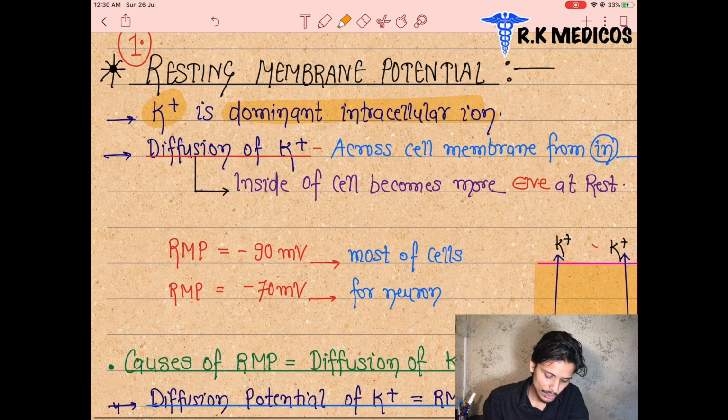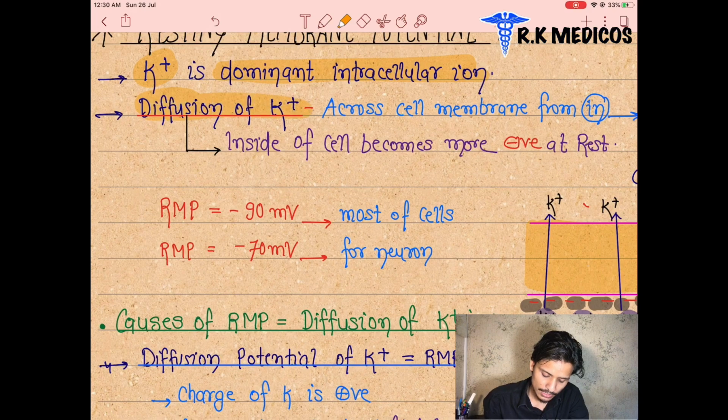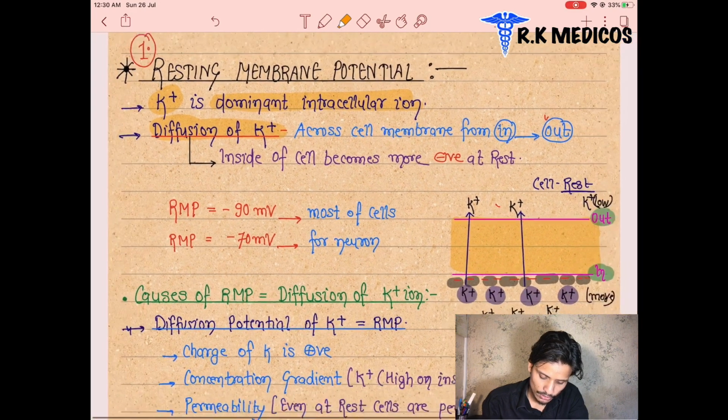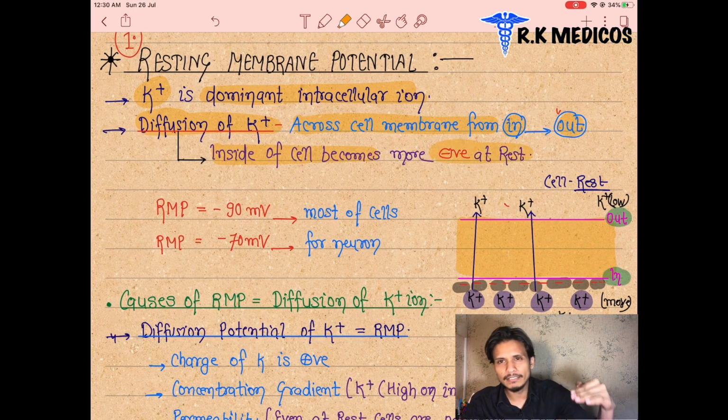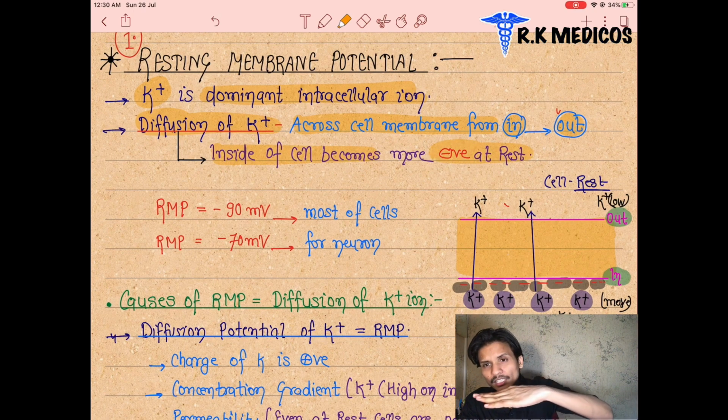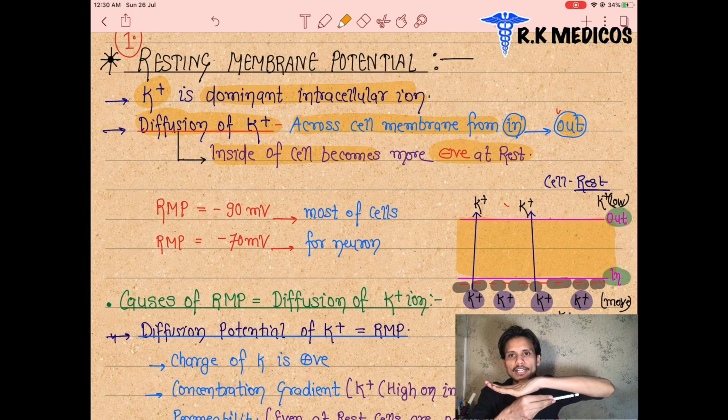And this diffusion of potassium across the cell membrane, from inside to outside, makes the inside of the cell membrane more negative at rest. The innermost part of the membrane becomes more negative, and the positive charge of potassium moves outside, and this maintains the resting membrane potential.